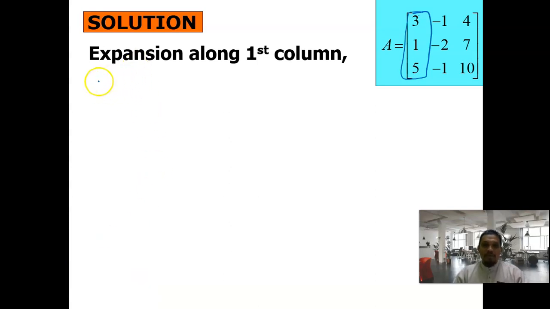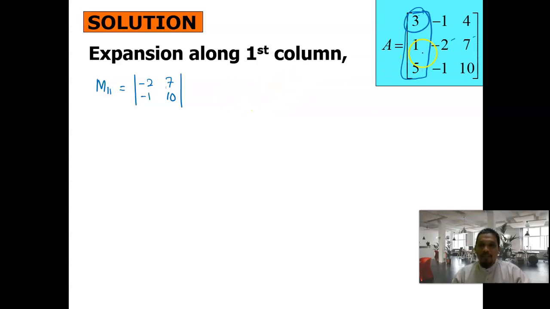First, we're going to find the minor of 1, 1 here. If we hide the element in the first row and the first column, we will get negative 2, 7, negative 1, 10. I hope you all still remember the process I showed you just now.